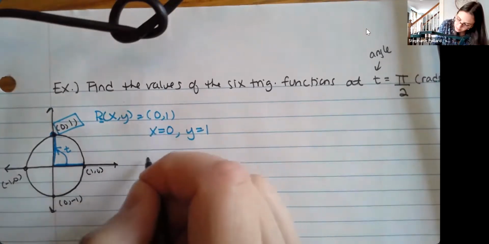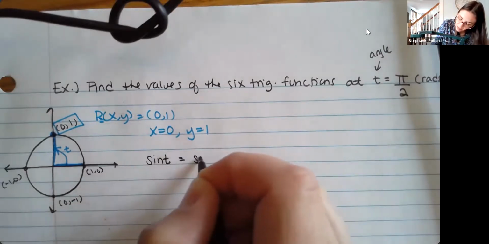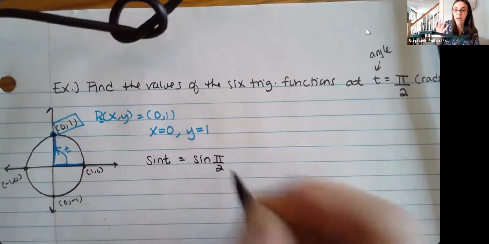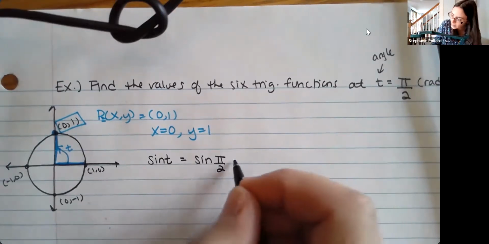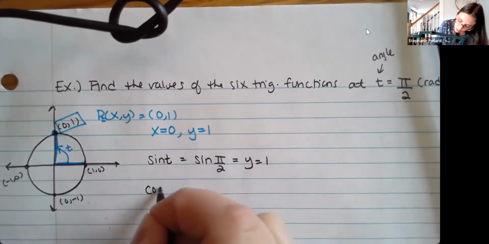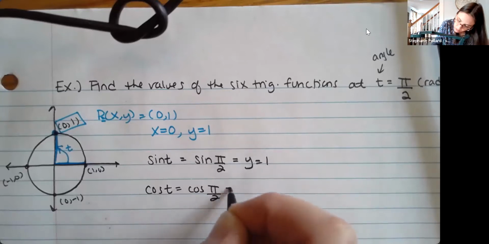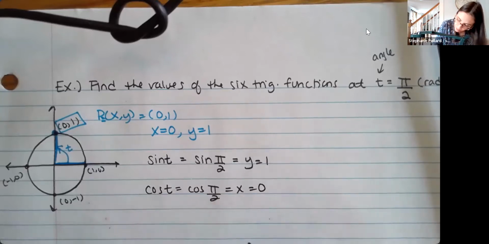So again, sine of t here, or we know the angle, so you may see it written as sine of pi over 2, but actually put the angle in, is your y value, so it's 1. Cosine of t, or cosine of pi over 2, is your x, which is 0.